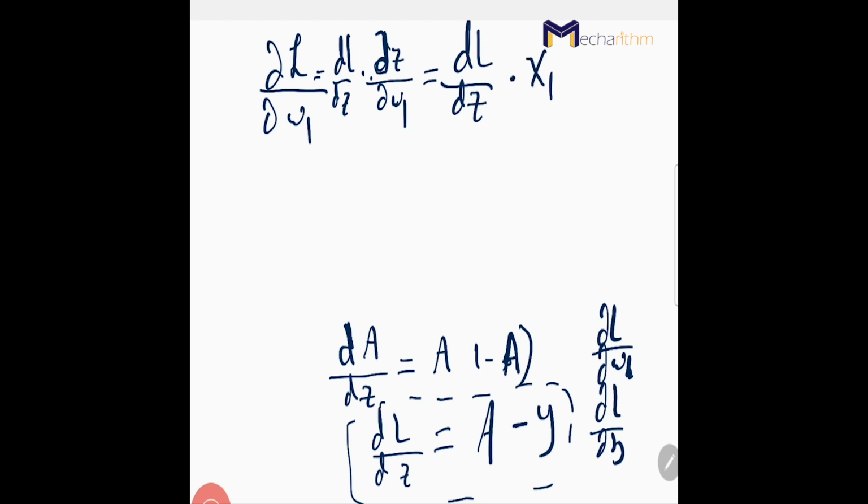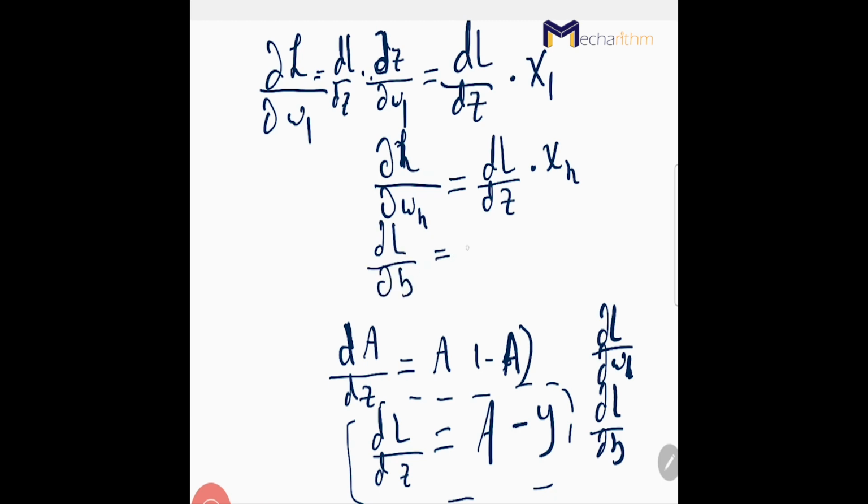And the same goes for each weight, so we can say that partial L over partial W at H is going to be dL over dz multiplied by xh, which is the coefficient of wh. And for b, partial L over partial b is going to be dL by dz multiplied by the coefficient of b, which happens to be 1.